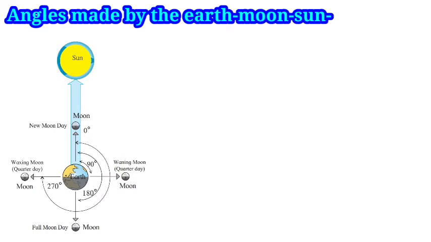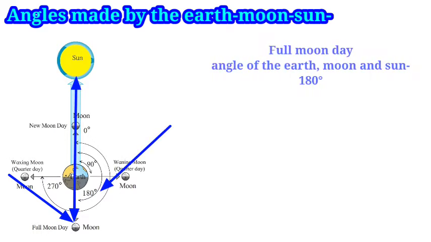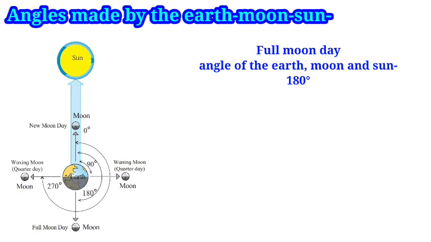See in the figure, while revolving around the earth, the moon is on the opposite side of the sun on the full moon day. That is, the earth comes between the sun and the moon, and they three make an angle of 180 degrees. Whereas on the new moon day, see in the figure, the moon is positioned between the sun and the earth, and they three make an angle of 0 degrees.